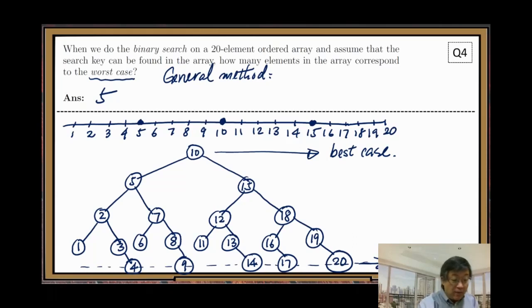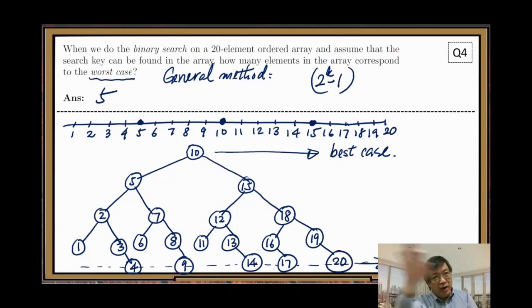So here is the general method. First, we need to find the largest k such that a binary tree with k levels, where levels start from 0, 1, 2, 3, up to k minus 1, has this many nodes, 2 to the k minus 1. We want the largest k satisfying this condition.